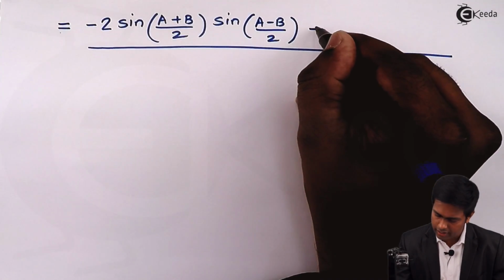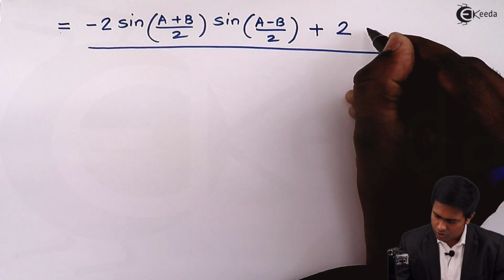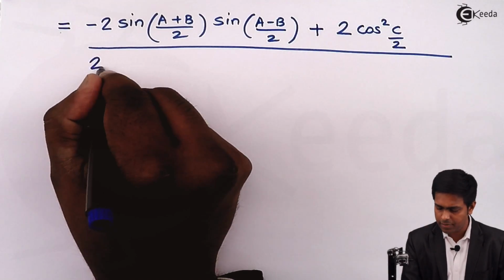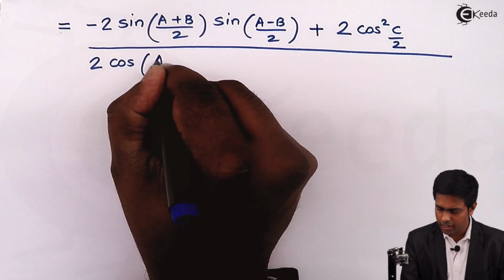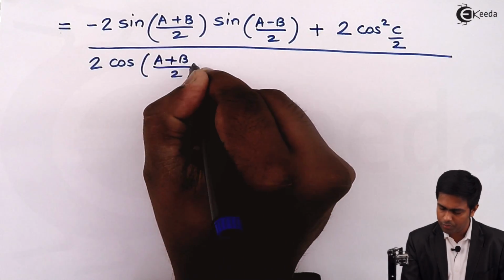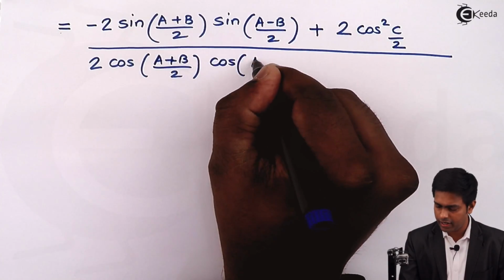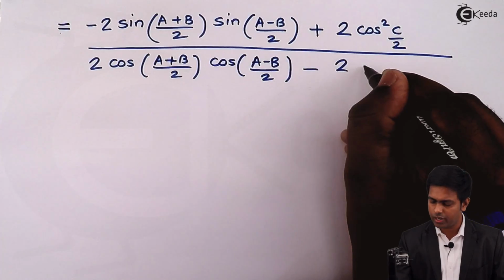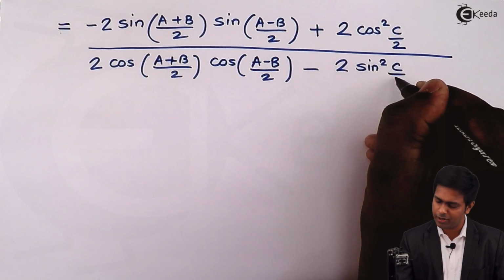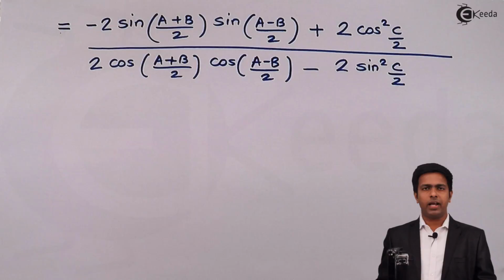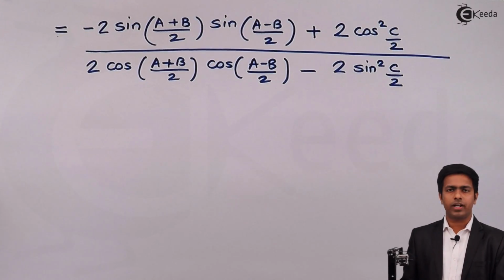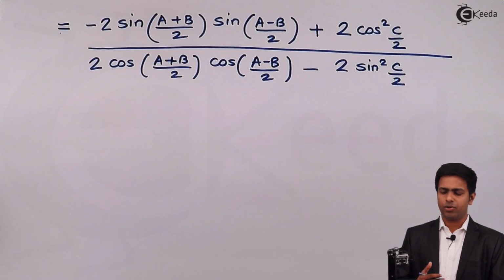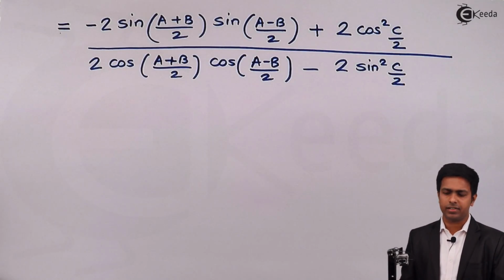So here I'll write, it is 2 times cos square C by 2, here 2 times cos of (A plus B) upon 2 into cos of (A minus B) whole upon 2, minus 2 times sine square C by 2. Now by applying this formula we have converted this question into the angles of A by 2, B by 2 and C by 2, that is half angles.